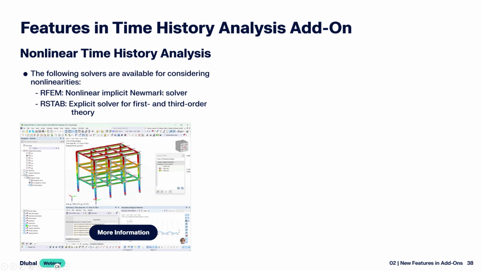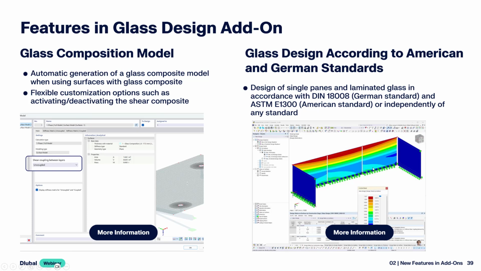Then new in the time history analysis add-on is the nonlinear time history analysis. There are different solvers for RFEM and RSTAB. Then new in the glass design add-on, the glass composition model.